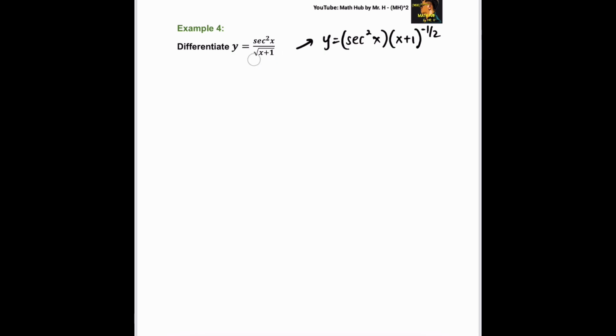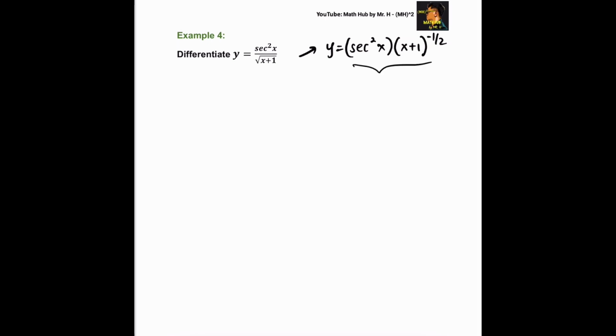If you're rewriting it this way, definitely you can go for product rule. But if you're going to stick to how the function is originally written, like here, then quotient rule is your way to go. All right. So since we haven't applied quotient rule yet in this video, then we'll go for quotient rule for example 4.